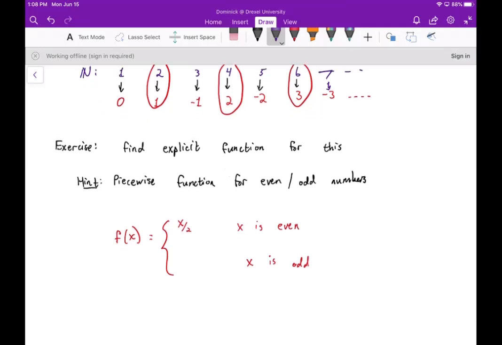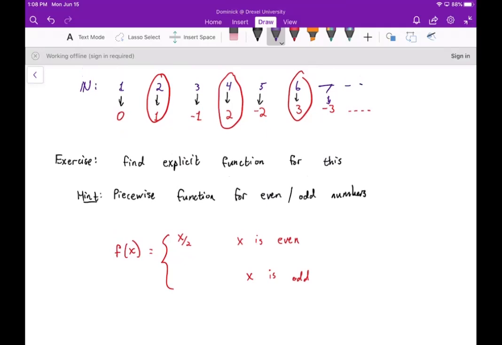So it looks like we're getting the odd numbers here, and we also need to do something where we're maybe subtracting 1 here, because I need to go from 1 to 0, from 3 to -1, from 5 to -2, something like that. So if we do something like x minus 1 divided by 2, and maybe take its negative, will that do it for us?